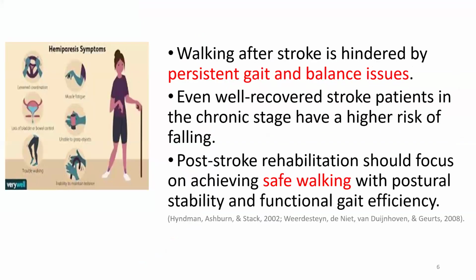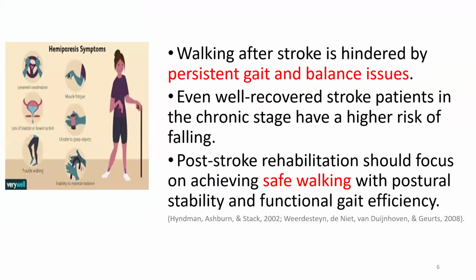Walking after stroke is normally limited by gait and balance impairment. We all know, especially the neuro working group, that after a stroke a lot of manifestations appear in our patients.